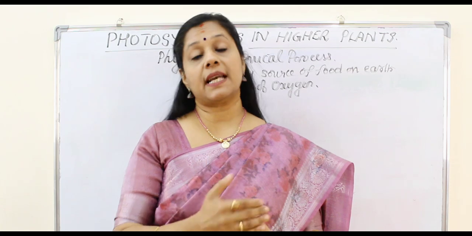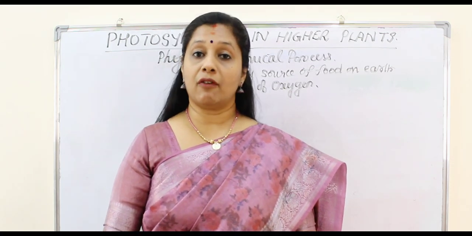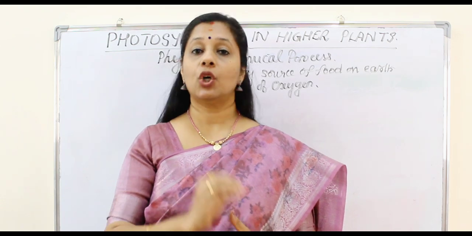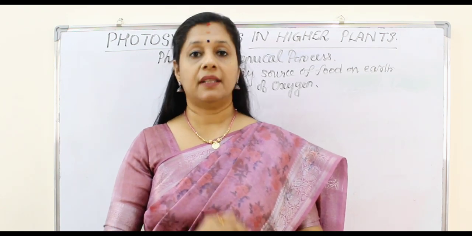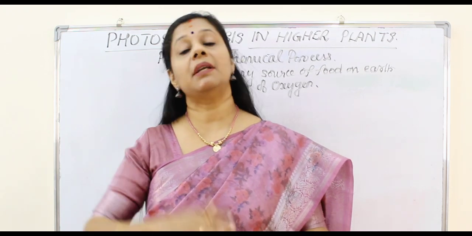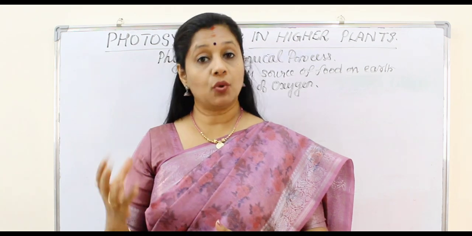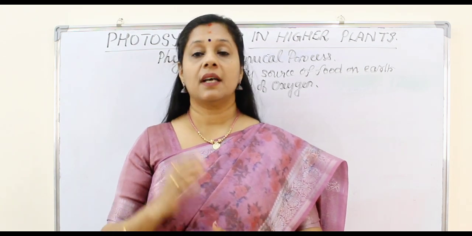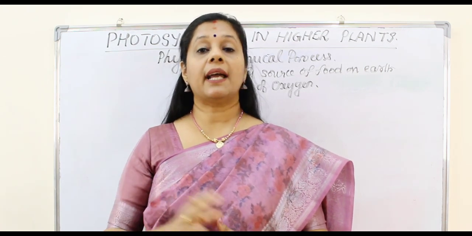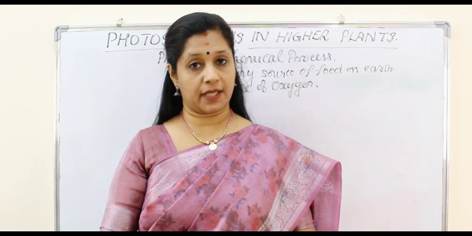Now, what is happening during this? Organic food is produced. Organic food in the form of carbohydrate or glucose, we can say, the simplest form. Then it will be stored in the form of starch. But from where is it forming? From inorganic substances like carbon dioxide, right? So two raw materials are required for photosynthesis, carbon dioxide and water. So the inorganic materials are converted into the organic food during photosynthesis.